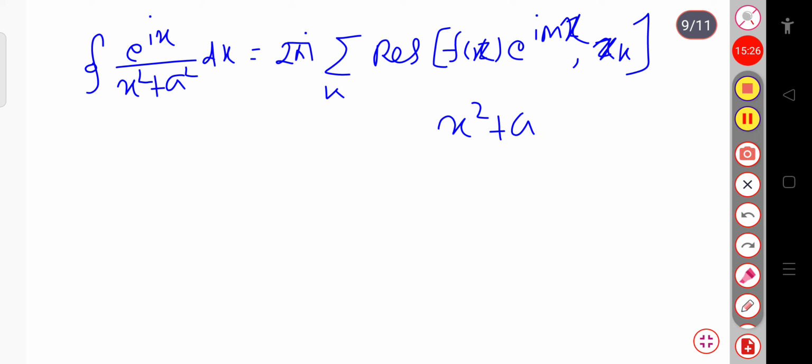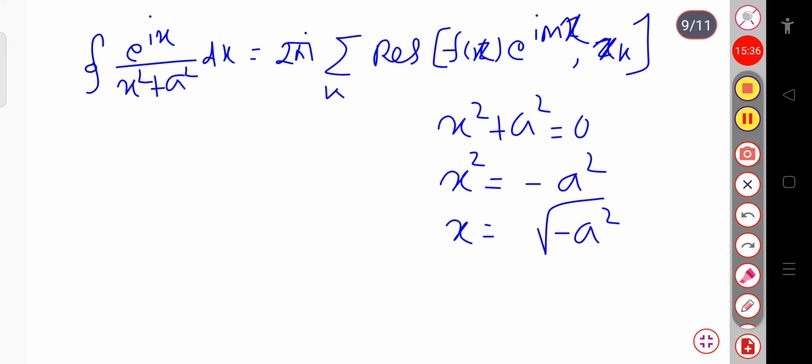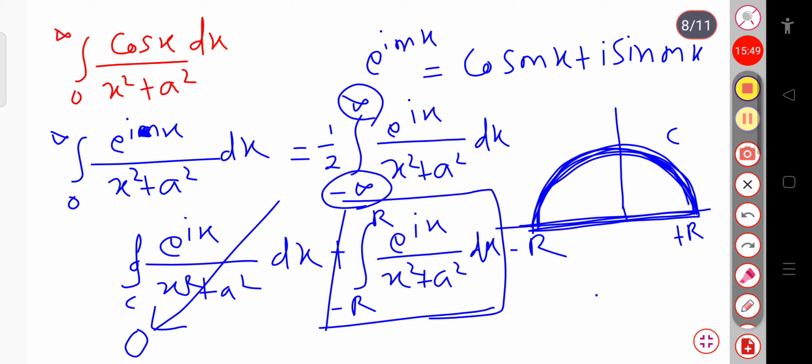It means that x square will be equal to minus a square, and x will be equal to root over of minus a square. You know root over of minus 1 is iota. This will be plus or minus iota into a. So there are two residues, one for plus ia and another for minus ia. From this semicircle, you know i into a term means the y-axis component is present and the x component is 0.